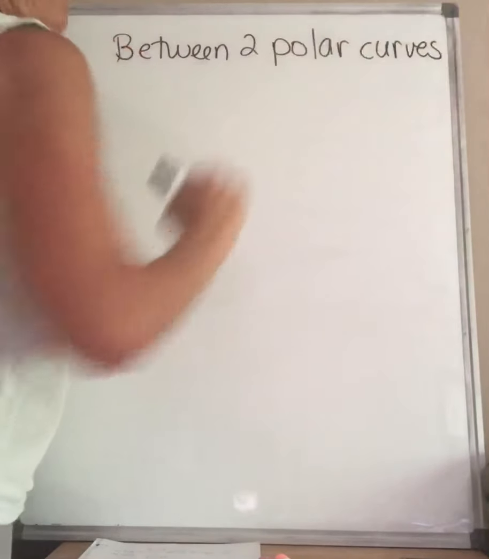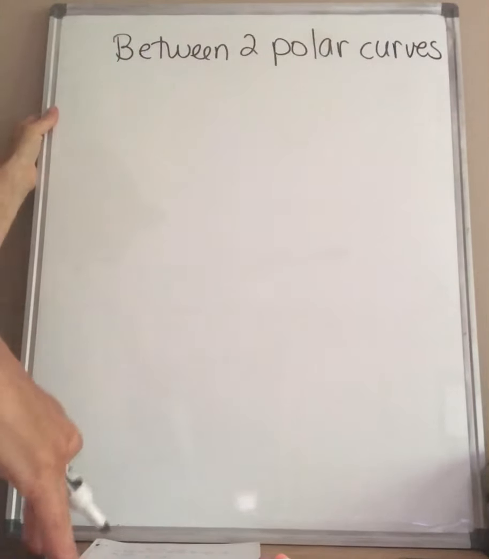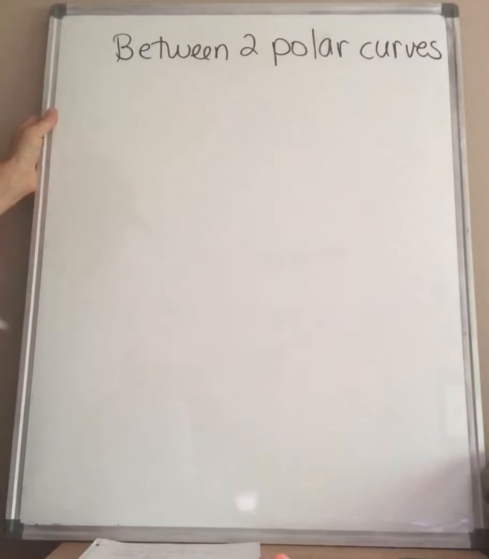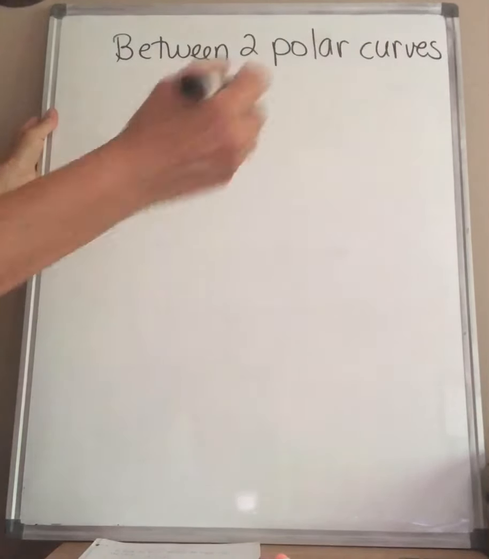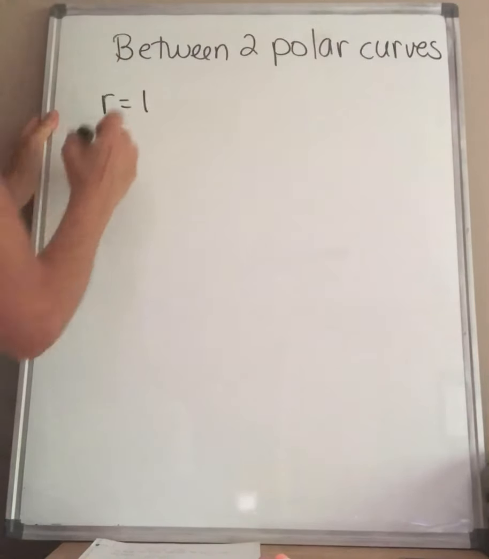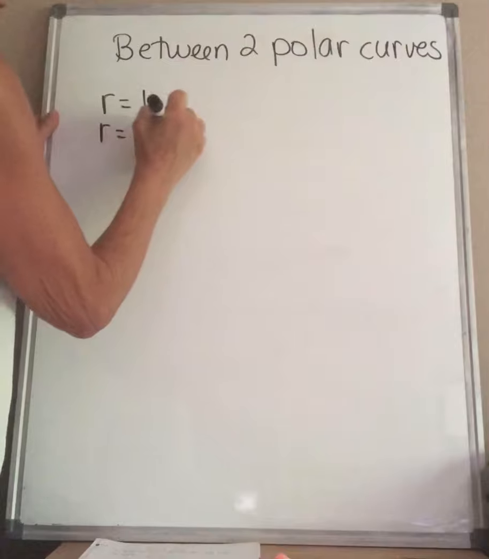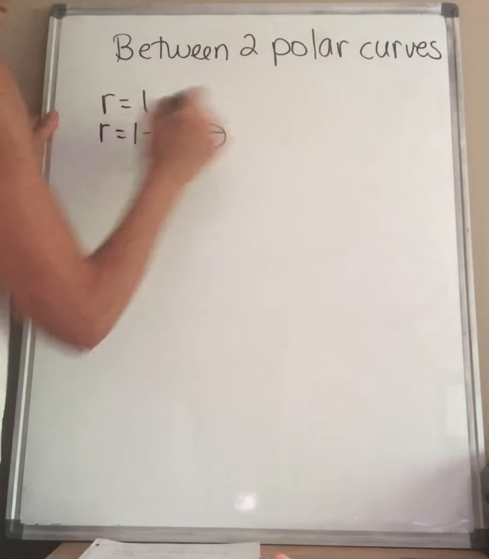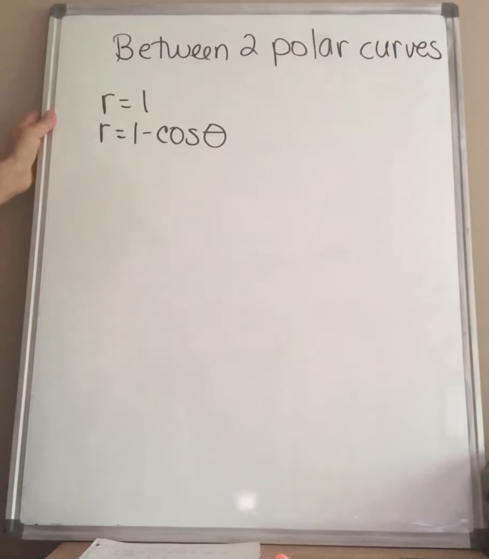I have to specify that it's inside of one and outside of another, or it's an overlap by both of them, etc. So let's try r is equal to 1 and r is equal to 1 minus cosine of theta. Put those both in your calculator, please, and graph them.